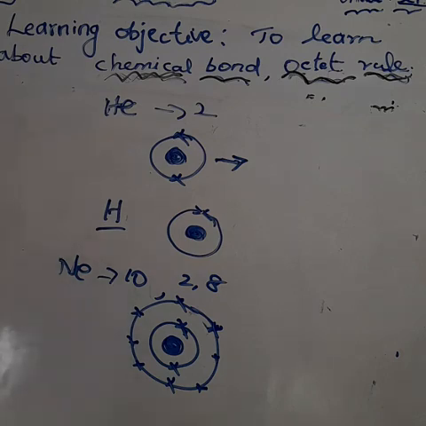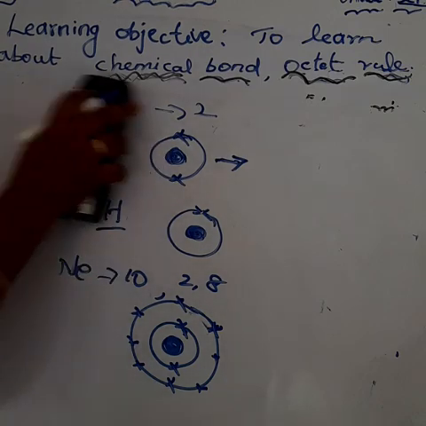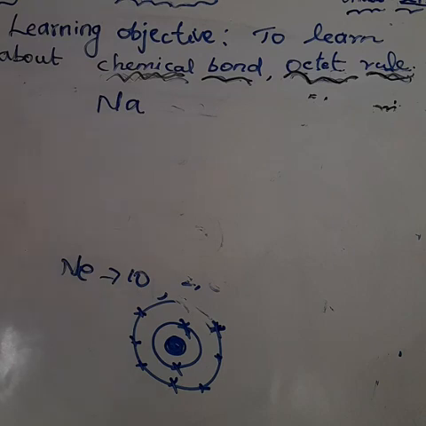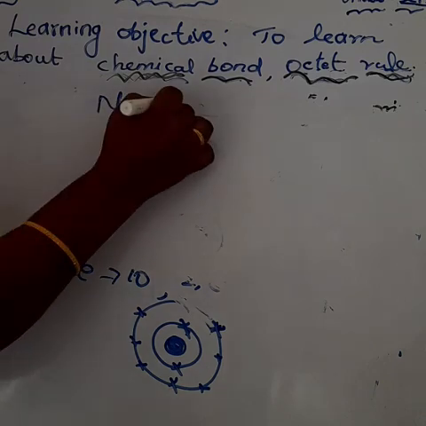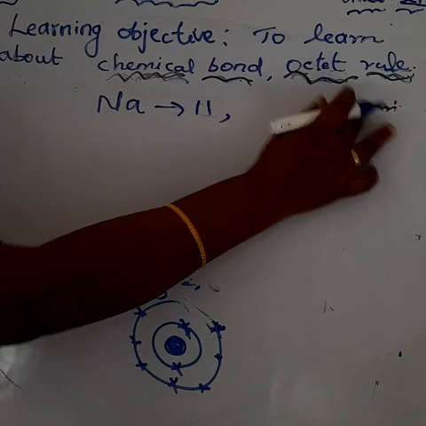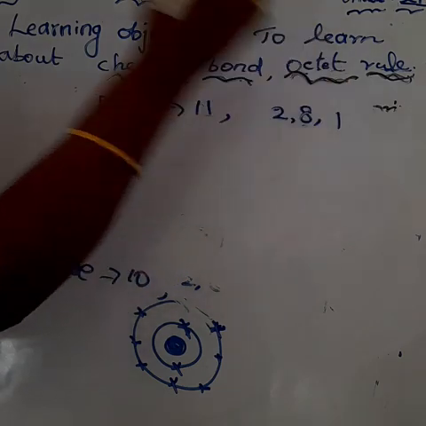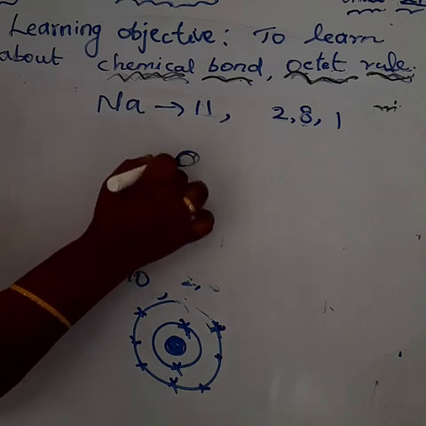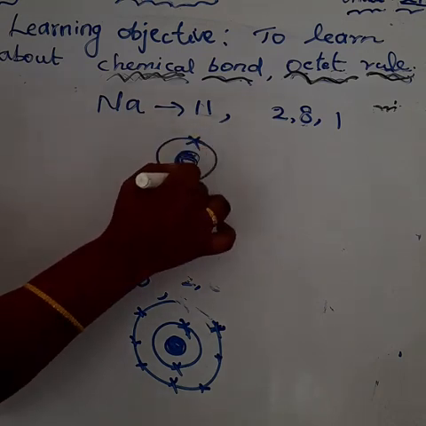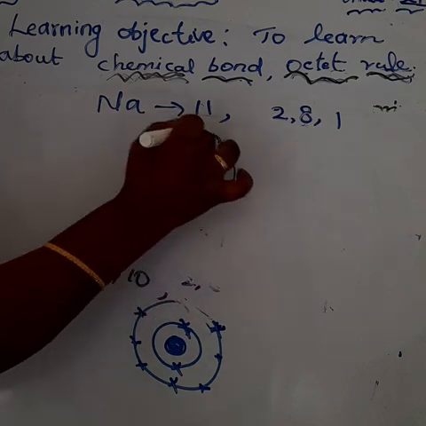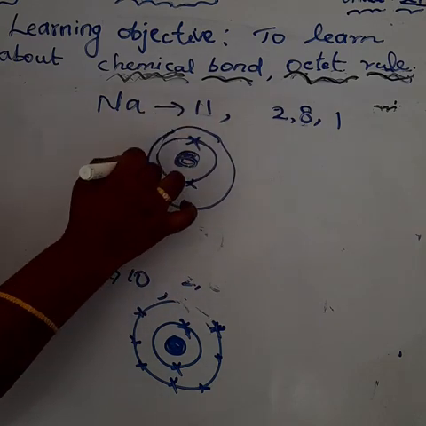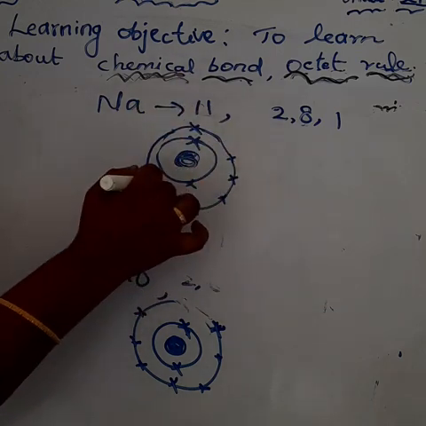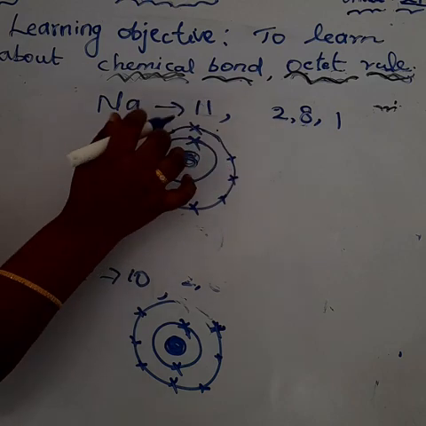But in the case of sodium, atomic number 11, the electronic configuration is 2, 8, 1. This is the nucleus, the first orbit has 2 electrons, the second orbit has 8 electrons, and in the last orbit only 1 electron is there.